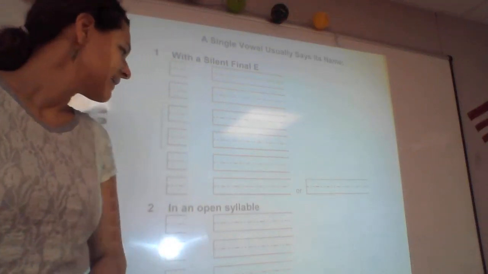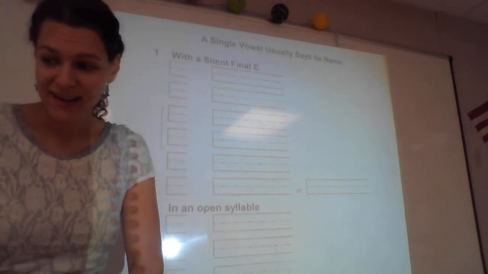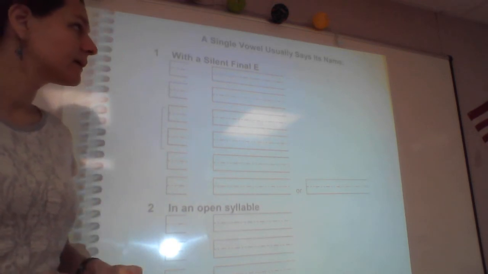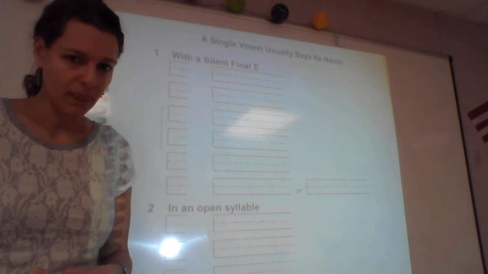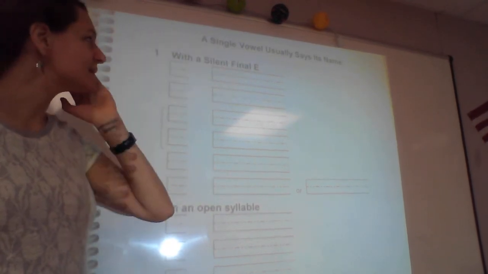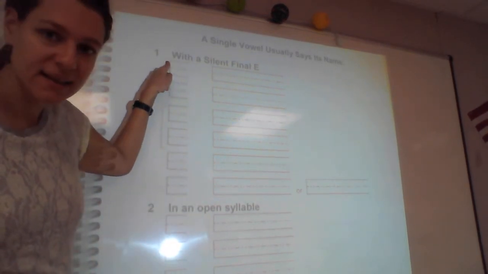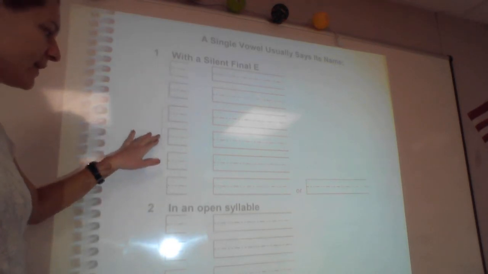All right, class, our last page for today is page 11. So go to page 11. And that is a single vowel usually says its name. All right, what's the most common way, class? Good, with a silent final E, let's go ahead and write in our vowels.